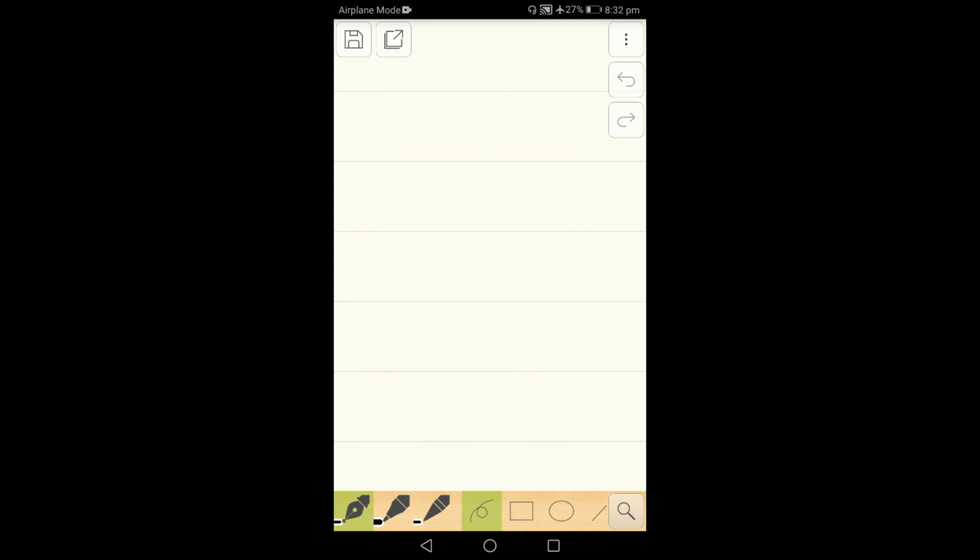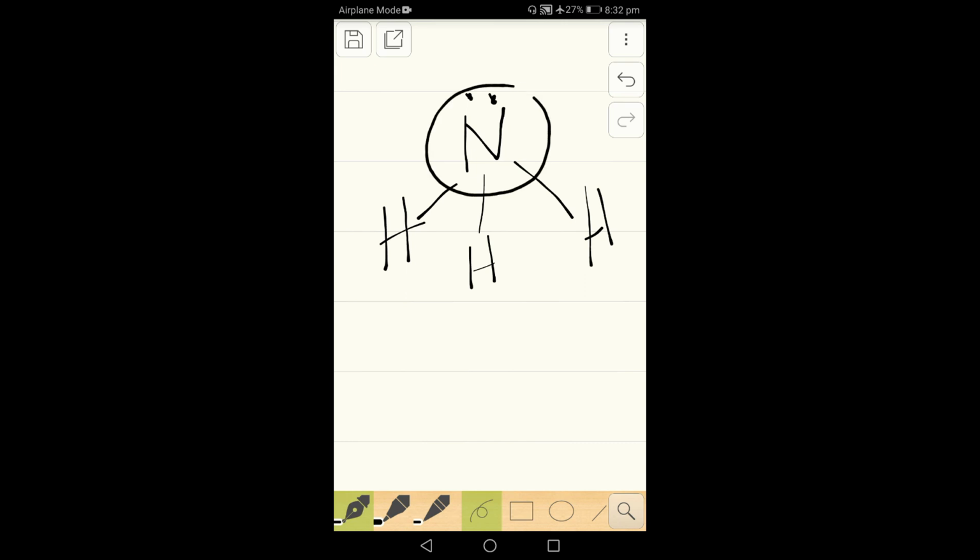Now, how do we determine the hybridization around an atom? For example, ammonia, NH3, which has a lone pair of electrons. If I ask what is the nature of hybridization in the outermost shell of this nitrogen atom, is it sp, sp2, sp3, or what?